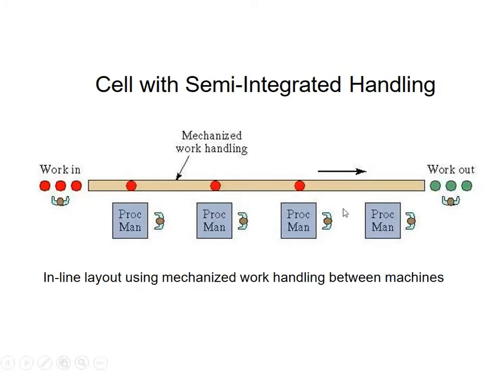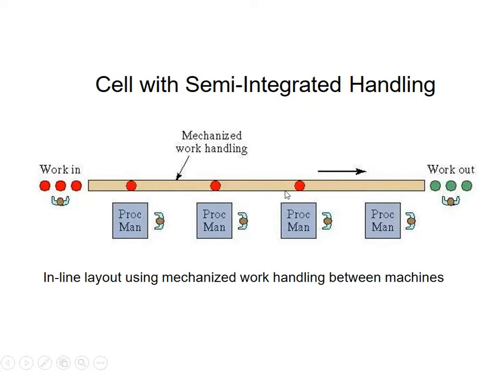Next to this, we have the cell with semi-integrated handling, where we have mechanized work handling, along with the production workers, who are aiding the mechanized or automated work handling systems. You can consider this as a belt running, taking the workpieces, and after completing that particular operation, the belt will be moving, and accordingly the material handling will be taking place by the mechanized work handling systems.